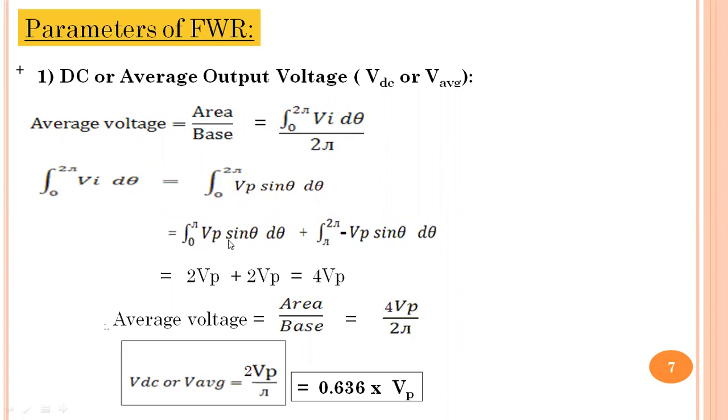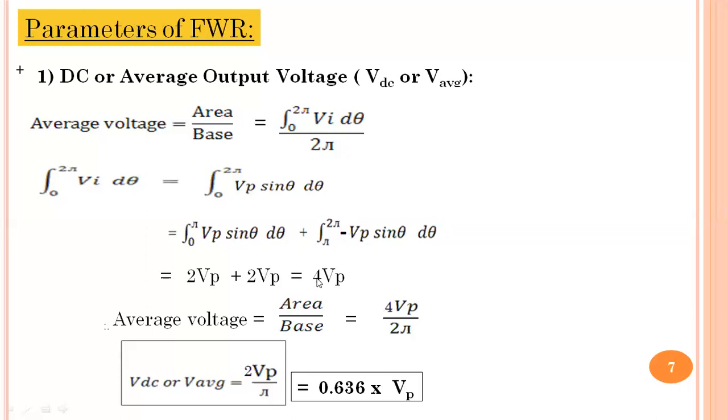The same value of voltage is present at the output during the positive half cycle, angle 0 to pi variation. But for the second half cycle, pi to 2 pi, the input cycle present gets inverted into the output as per our working. If we solve both integrals, you'll get 2 Vp, 2 Vp equals 4 Vp as the result of simplification.